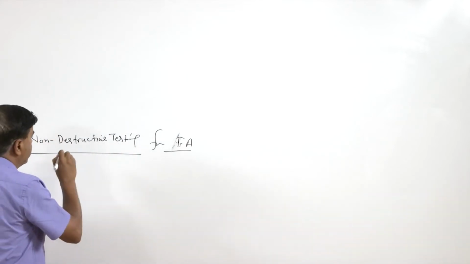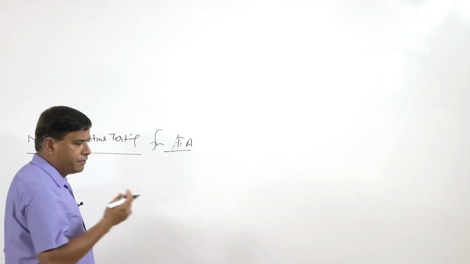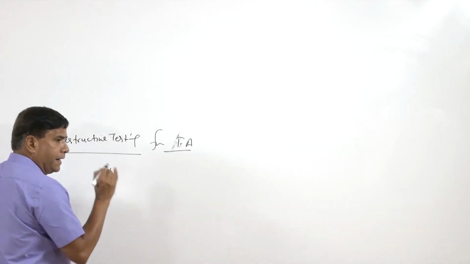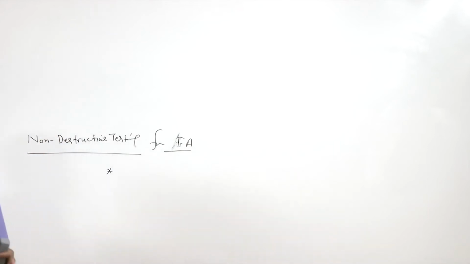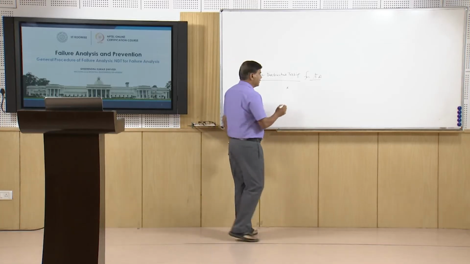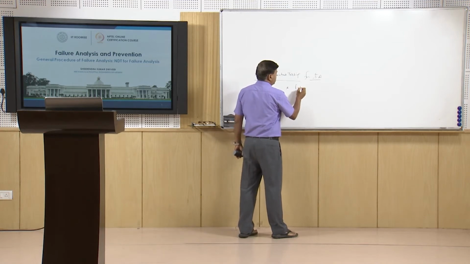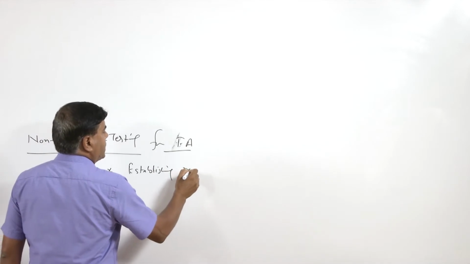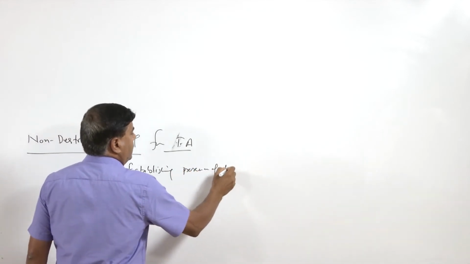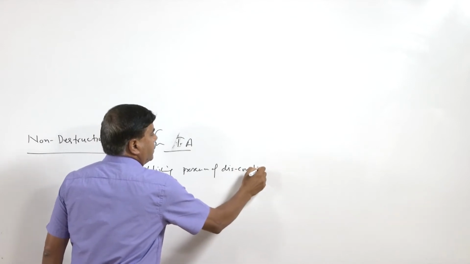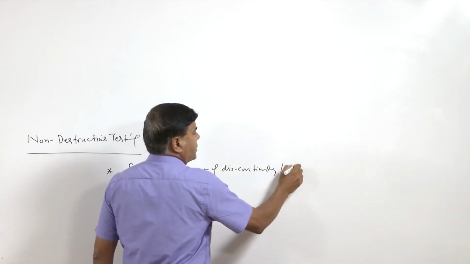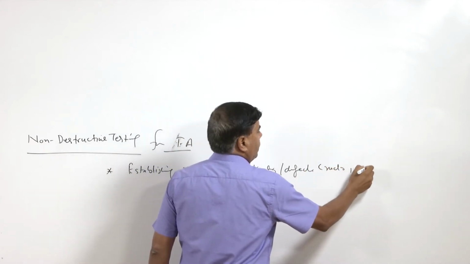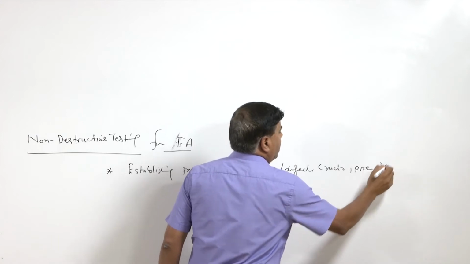The primary purpose of conducting NDT on the failed component is to identify the presence of discontinuities in the component, if they are there. So, establishing the presence of discontinuities, defects, cracks, pores, etc., if any are present.